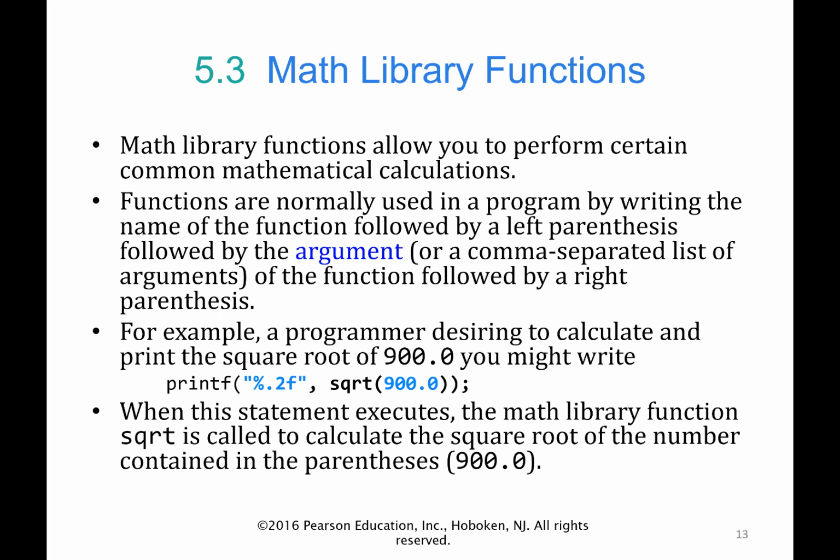So I'm going to skip over the math libraries because we've already talked about them in great detail. You use pow for that. Square root's another one. Printf, of course.